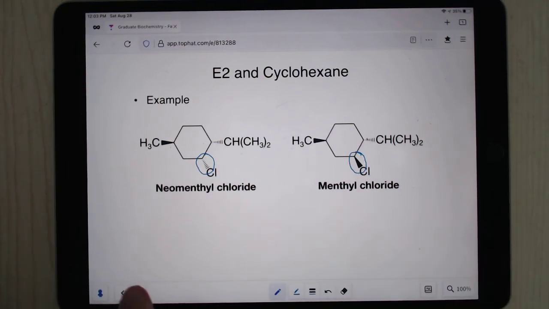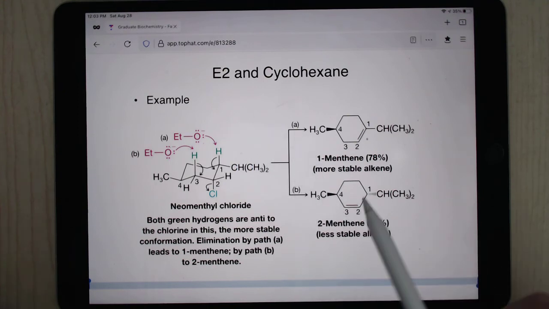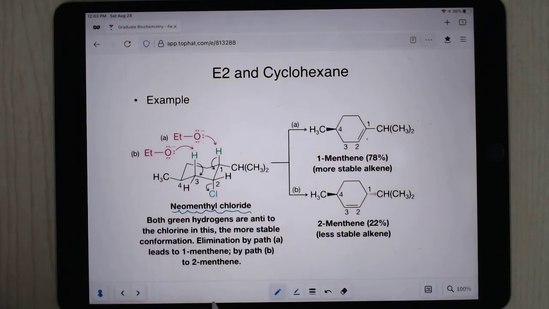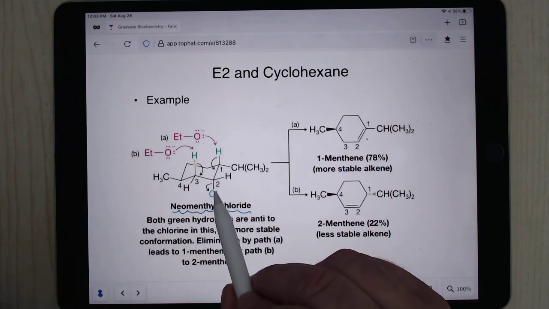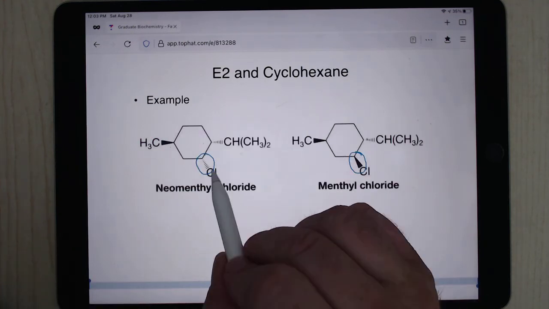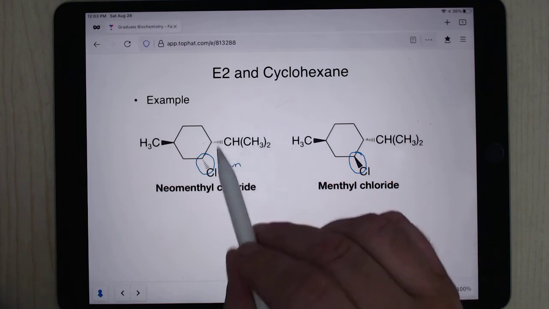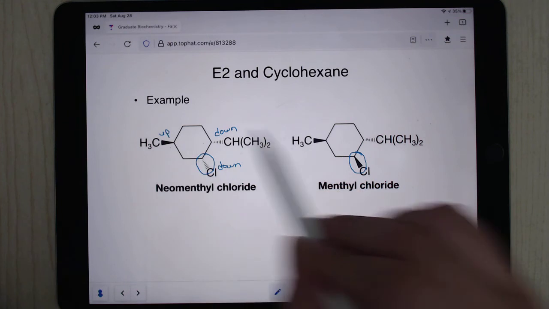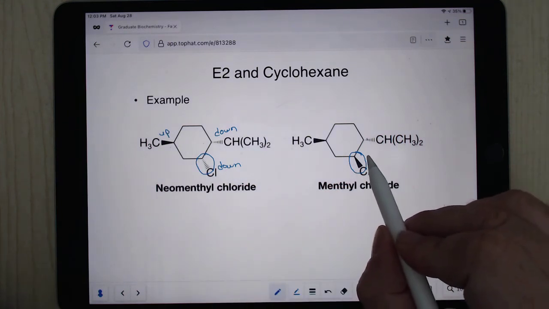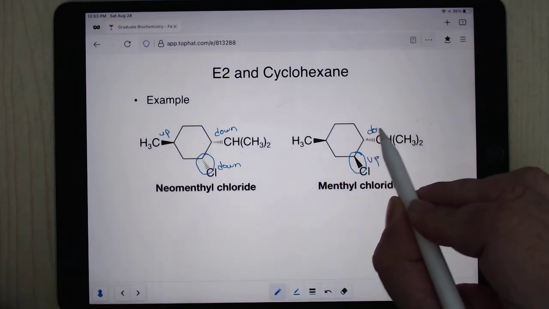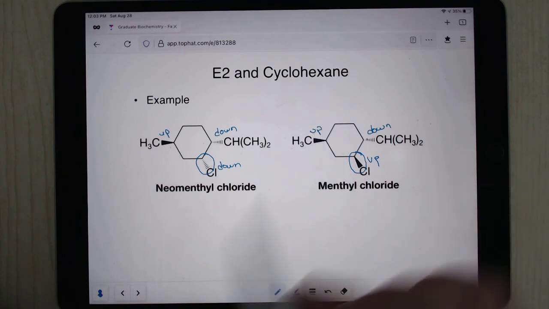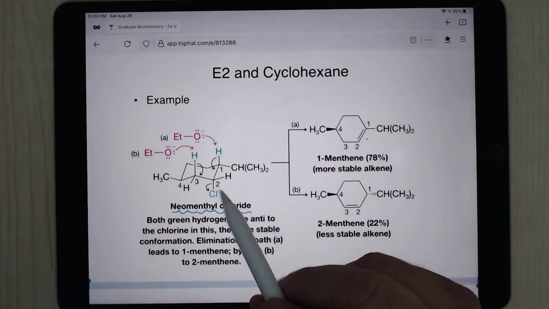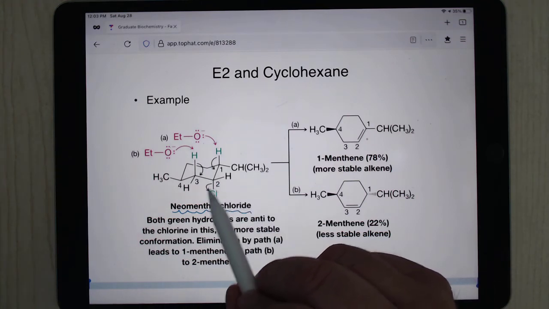Okay, so if you look at the neomenthol, remember a dash is down, and then this is up. For the menthol, remember this is up, down, up. So for the neomenthol, the chlorine is down.